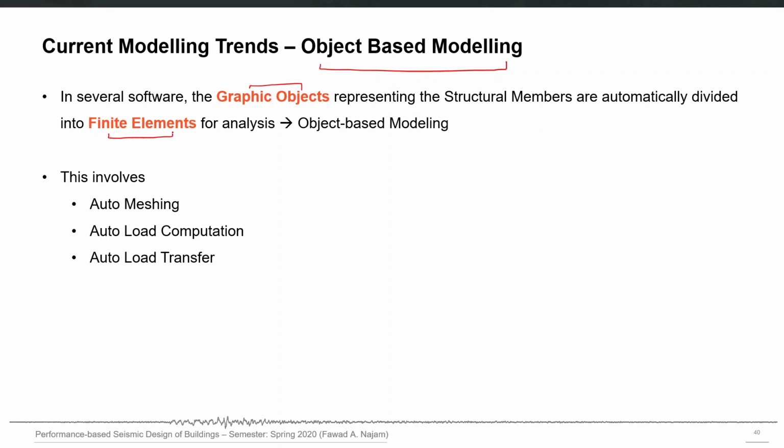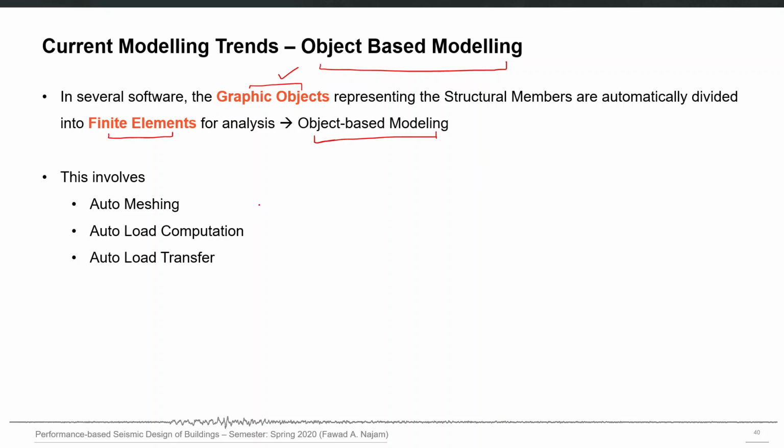So nowadays, in modern finite element software, you don't need to define the elements one by one. All you need to define is a graphic object, and the software itself will convert that graphic object into finite elements. This kind of modeling is called object-based modeling, and it makes the finite element modeling of a structure very simple and convenient for the users.